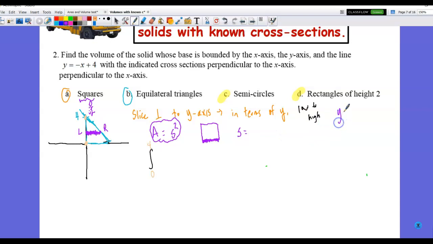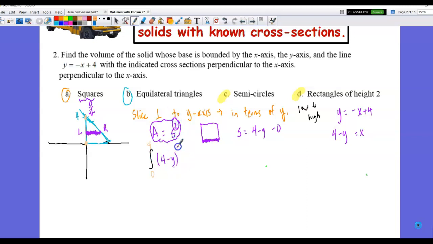So I have y equal negative x plus 4. When I get x by itself, I'll have x equal to, subtract the 4 and divide, 4 minus y. So that is the equation of the line in terms of y. So the right side is 4 minus y. The left side is 0. So the length of the side is 4 minus y.